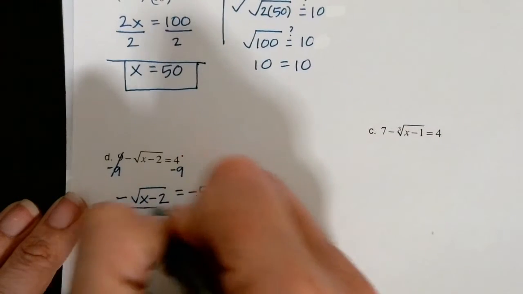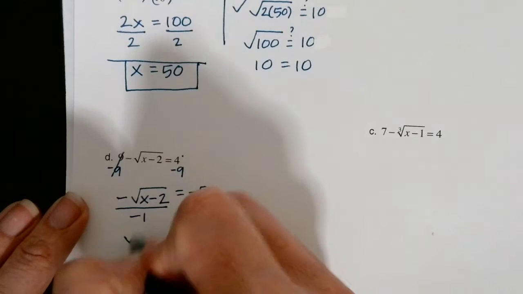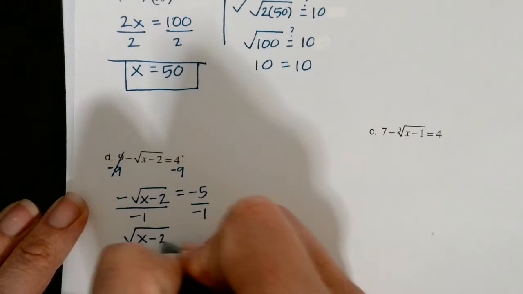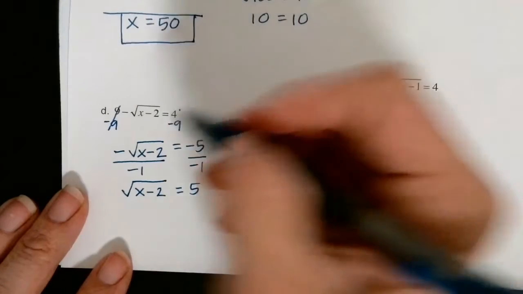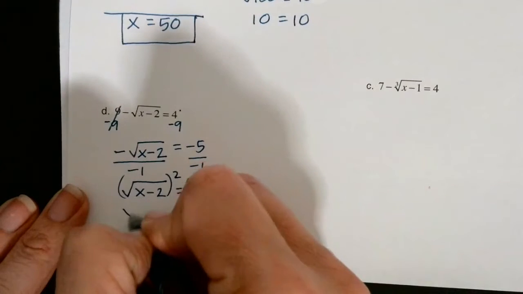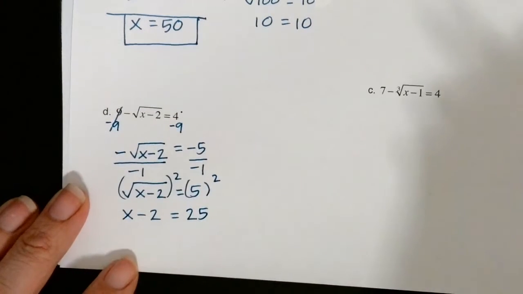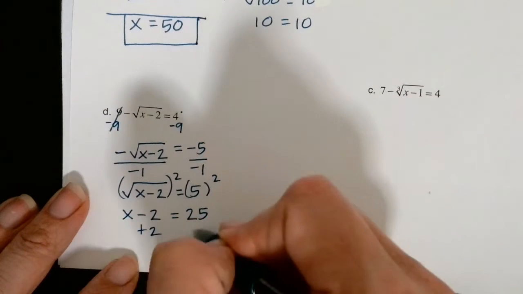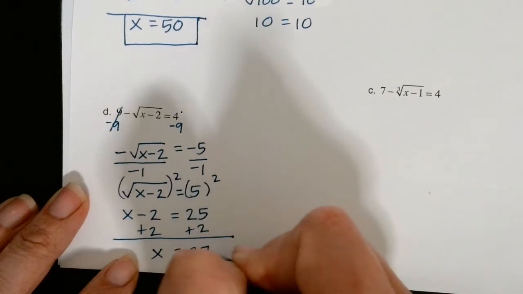And then I'm going to divide both sides by negative 1 because I have to isolate the square root. So I get the square root equals 5, and then I'm going to square both sides, and I get x minus 2 equals 25, and then I'm going to add 2 to both sides, and I get x equals 27.